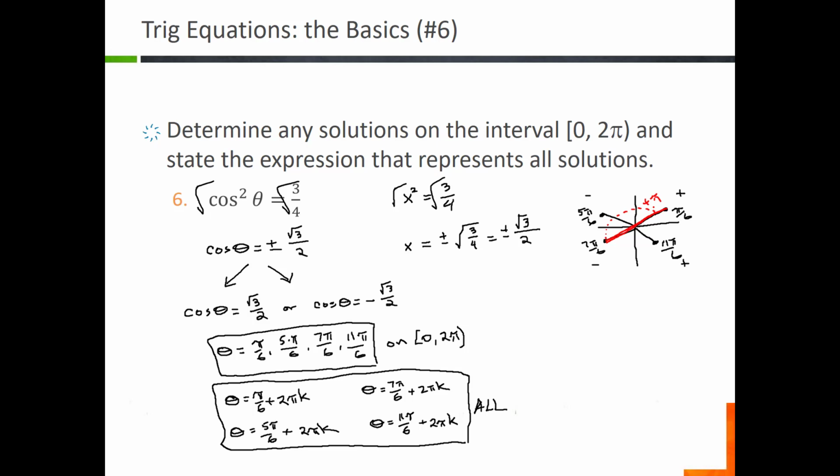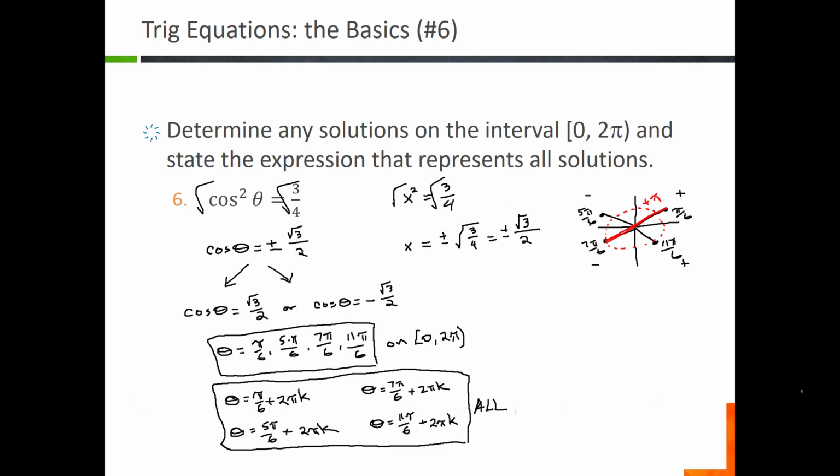Okay, so if I had pi over 6 and I added pi to it, I would get 7 pi over 6. And if I took that 7 pi over 6 and I added a pi to it, I would get 13 pi over 6, but that's the same thing as pi over 6. So the pi over 6 and the 7 pi over 6 are distances of pi away from each other.